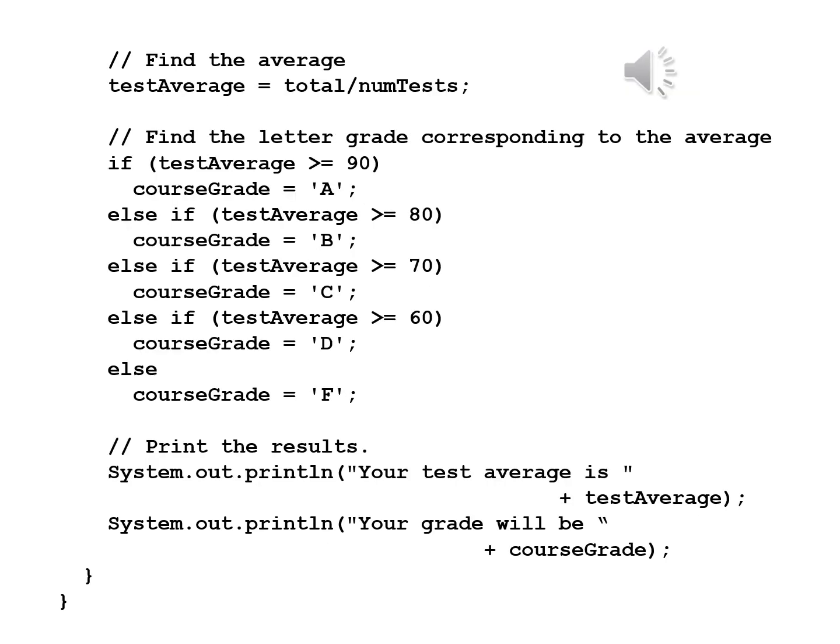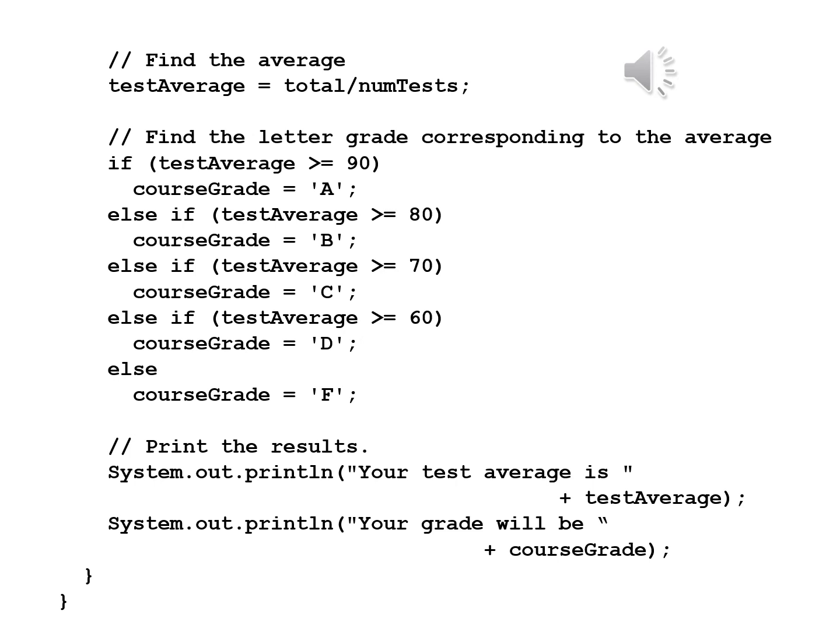Having finished the loop, we write the comment, find the average, and do that by writing testAverage = total divided by numTests. We need to find the letter grade corresponding to this, so we write the comment, find the letter grade corresponding to the average.